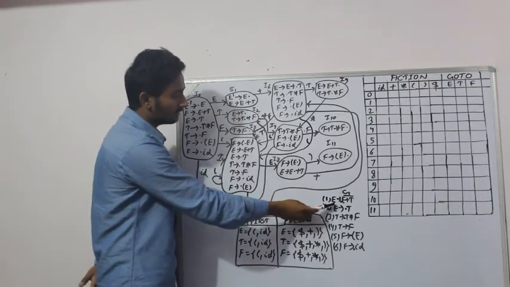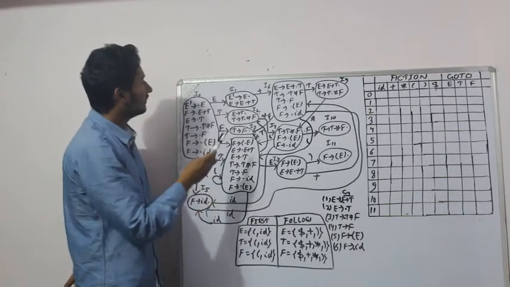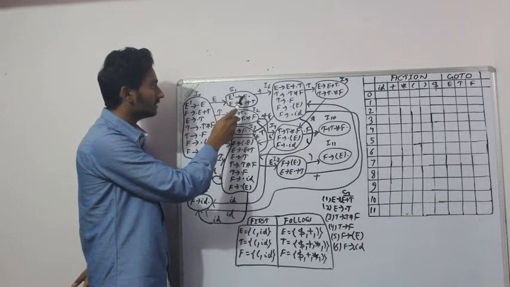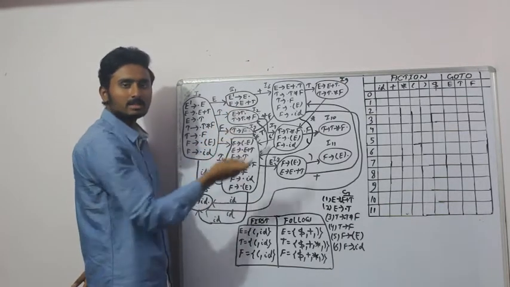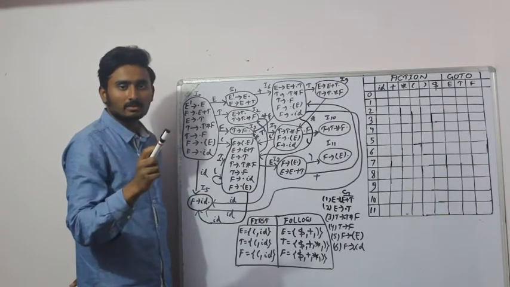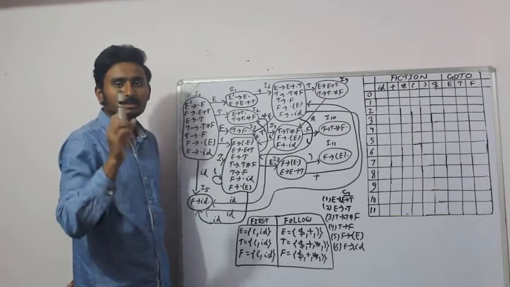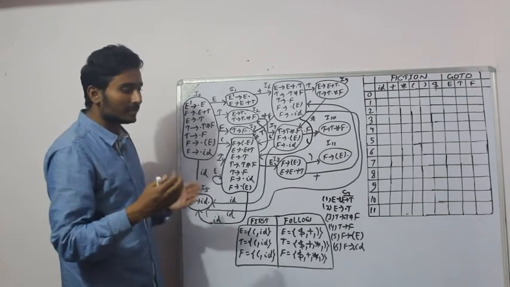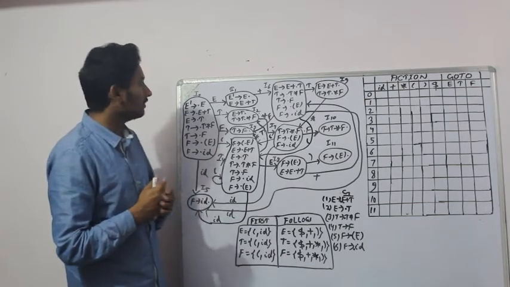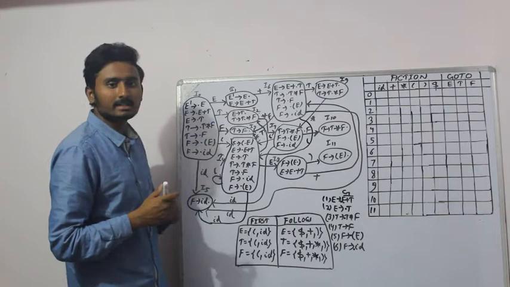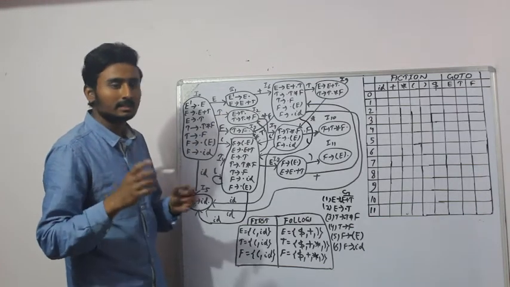E is the start symbol in this grammar. When we reach the start symbol, there must be some production which will accept it, because here we are doing the rightmost derivation. So we have this extra production, that is E' derives E.